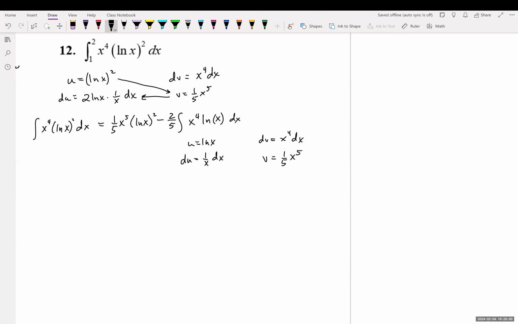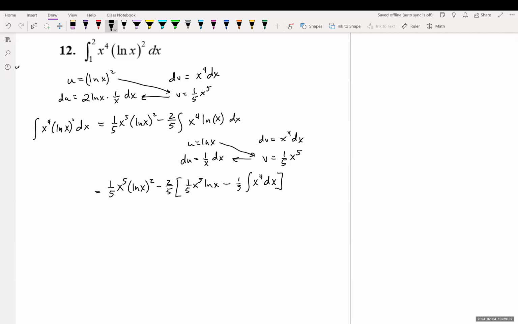So now we're going to get 1/5 x to the 5th (ln x) squared minus 2/5 times uv, which is going to give us 1/5 x to the 5th ln x, minus the integral across here, the integral of v du, which again, the 1 over x and x to the 5th is going to give us an x to the 4th dx.